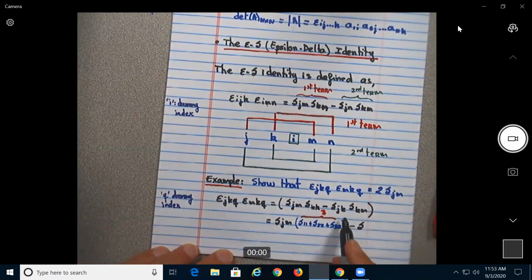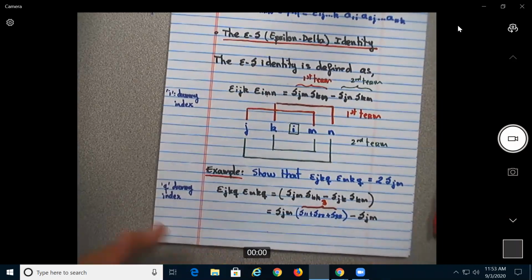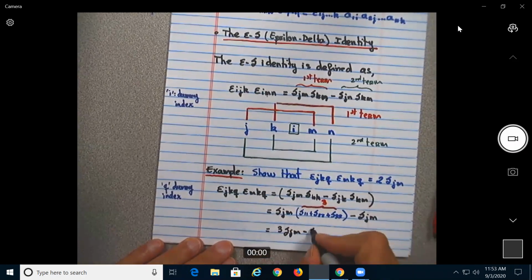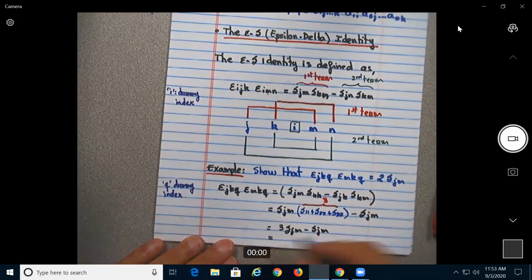This is the K, no? So this could be written as delta Jm. All right? So at the end, what do we have? This is equal to 3 delta Jm minus the delta Jm, which is going to give us 2 delta Jm, as required.